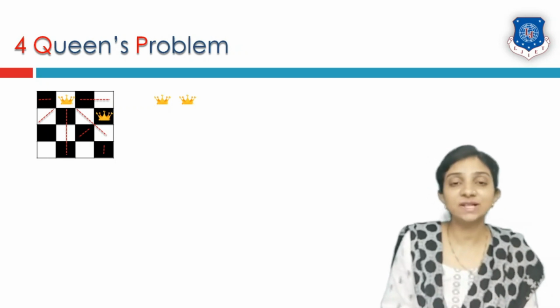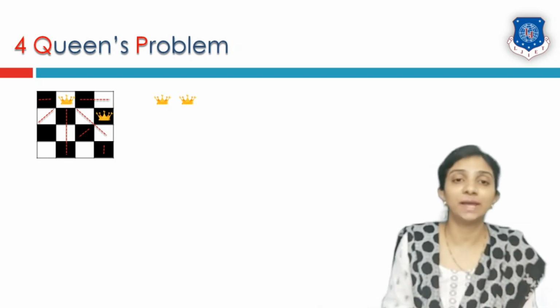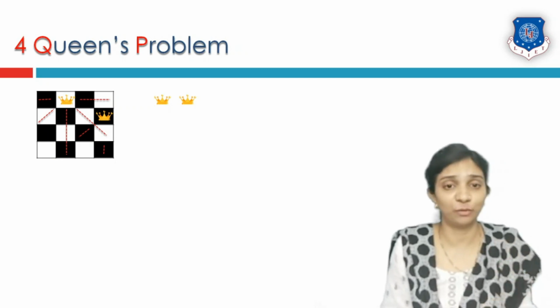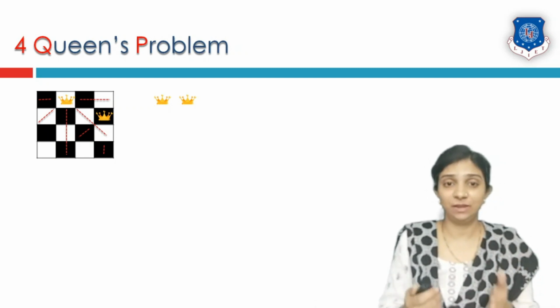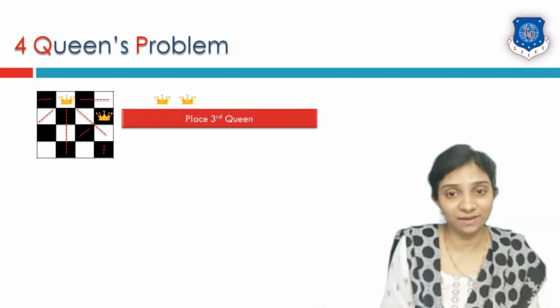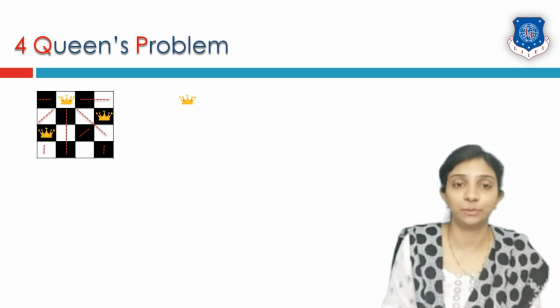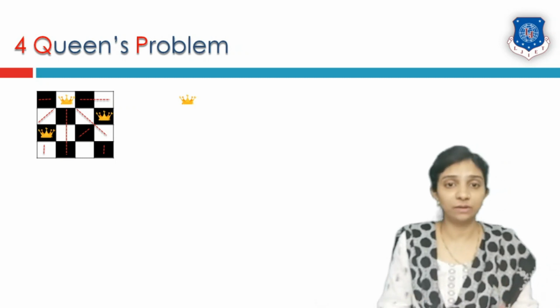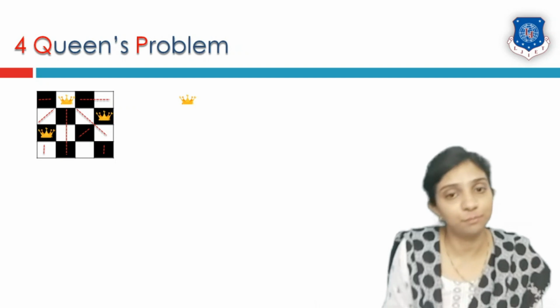At that cell, I am going to put my queen number 2. Now the diagonal will be blocked, the column as well as row of queen 2 will also get blocked. Is there any cell in row number 3 where I can put my queen number 3, in a non-attacking position, most importantly? So yes, in row number 3, cell number 1, I can place my third queen. So third queen is placed, its row, column and diagonal will also get blocked.